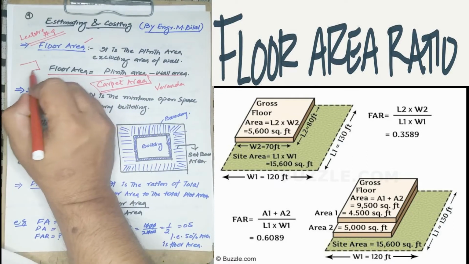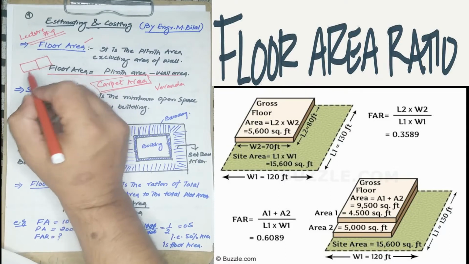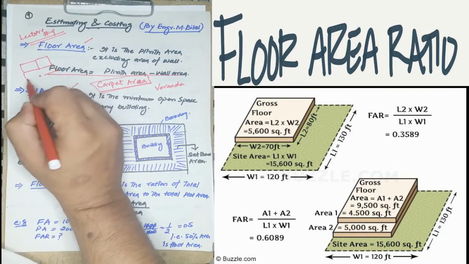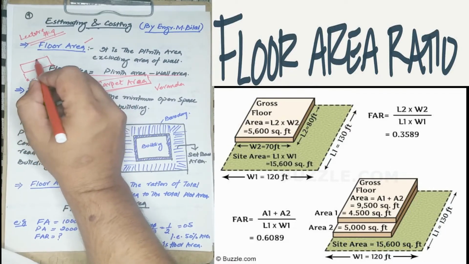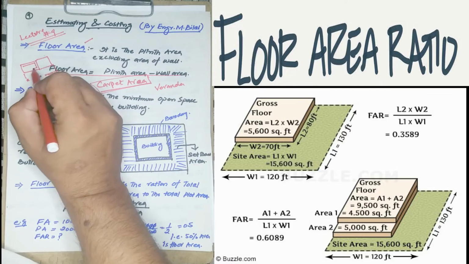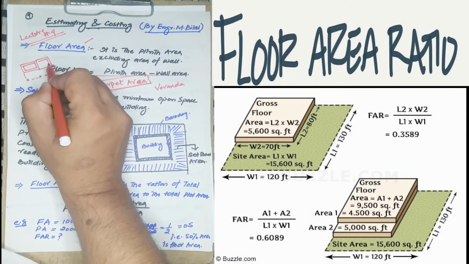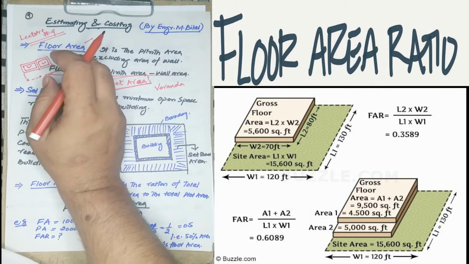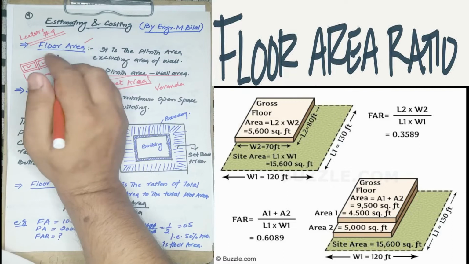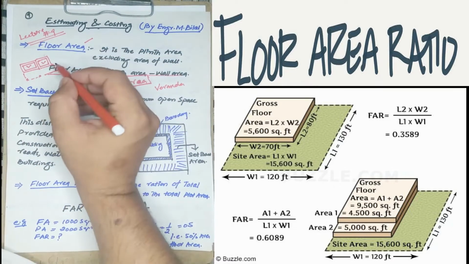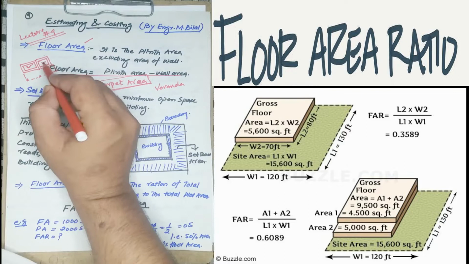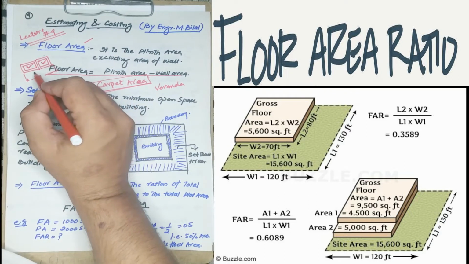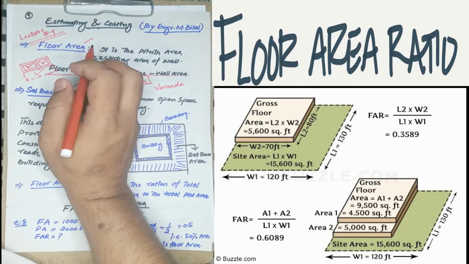this is a 2-room building, and here we have a veranda. In carpet area, excluding the thickness of the walls, this area and this area will be the carpet area, but in floor area the veranda will also be included. This area is also called floor area, and this one is also called floor area.